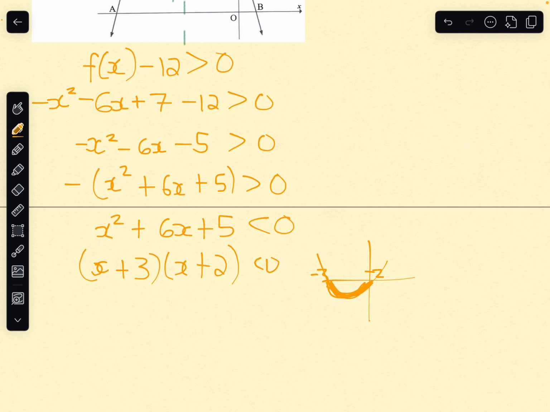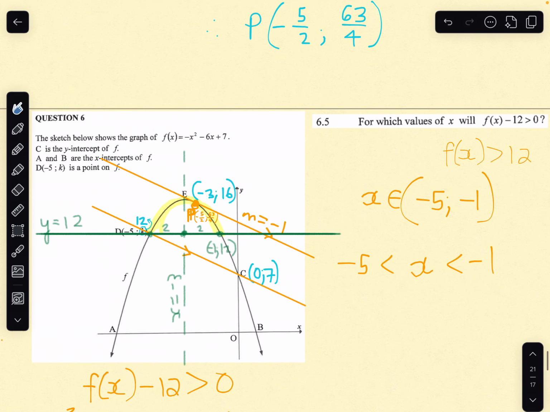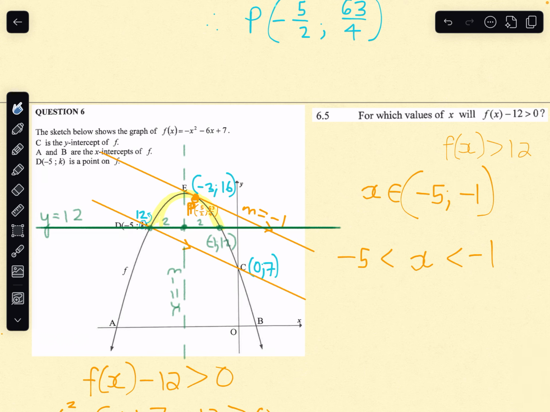So then that means that the values of x for which this expression is negative is when x is greater than minus 3, smaller than minus 2. However, this is different to the answer that we got.